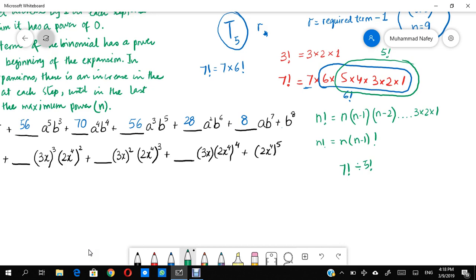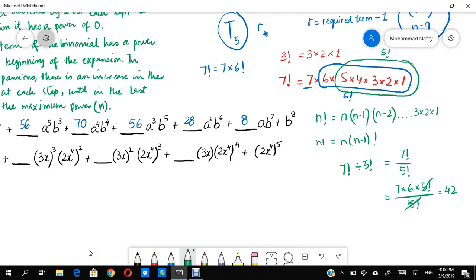I don't need to go all the way down to 1 in either of the cases. Why? Because 7 factorial divided by 5 factorial means 7 factorial upon 5 factorial. And 7 factorial is actually 7 times 6 times 5 factorial upon 5 factorial, and now I can cancel it out. The answer would be 42.